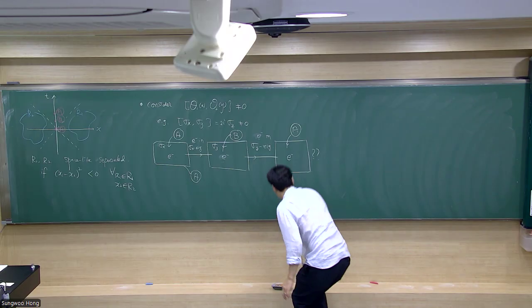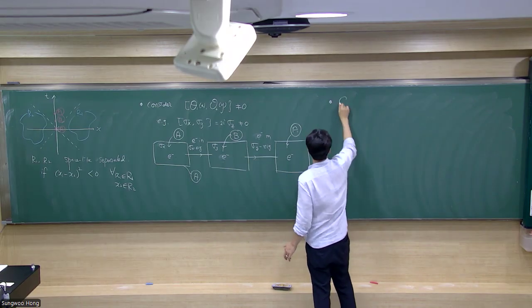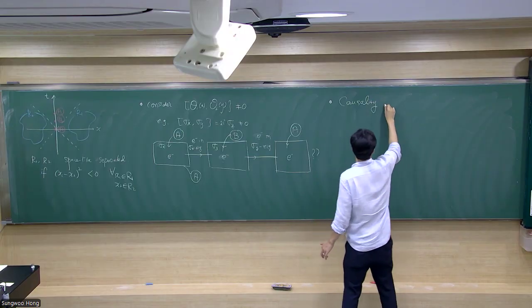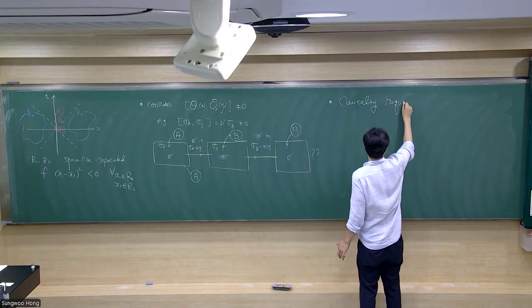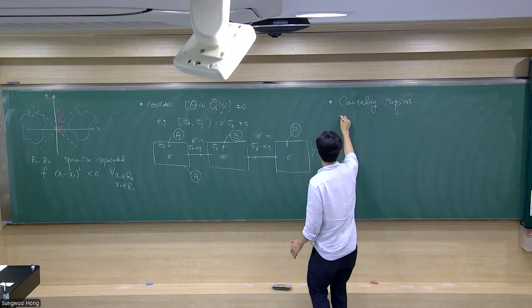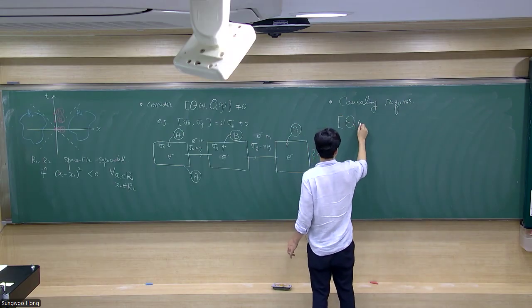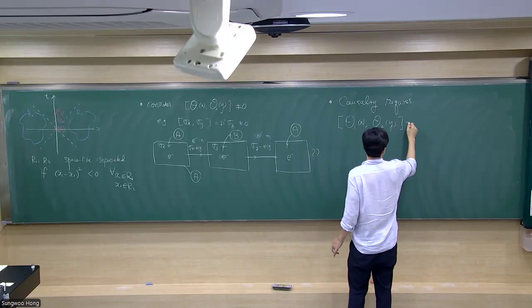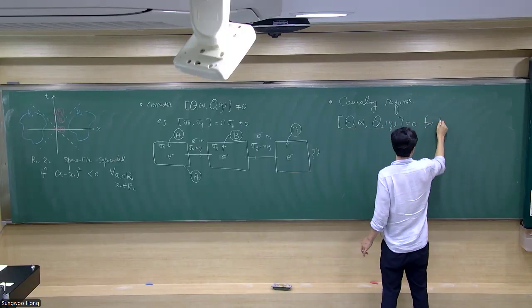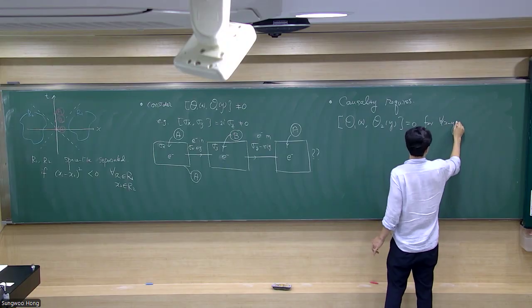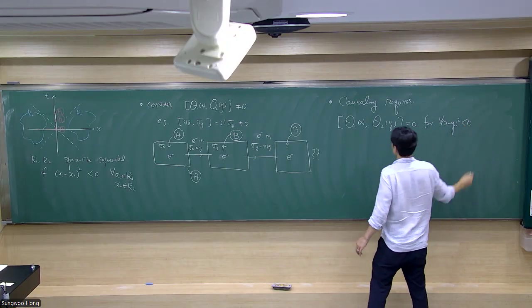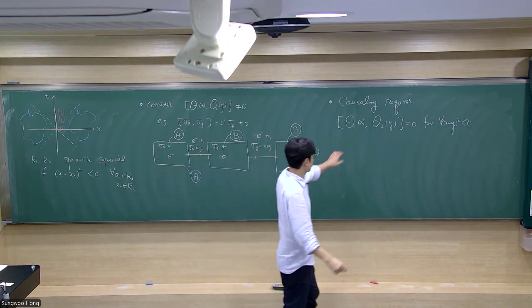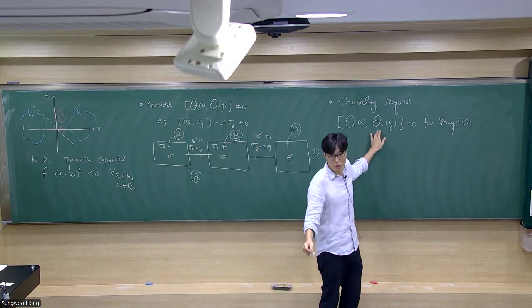So from this exercise, hopefully, causality requires that the commutators vanish, regardless of the context, I don't care where they're coming from.